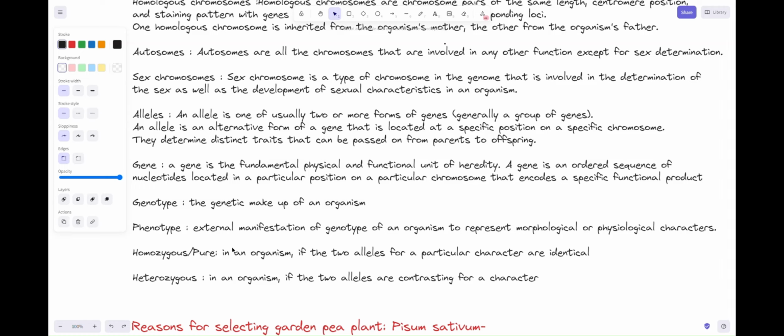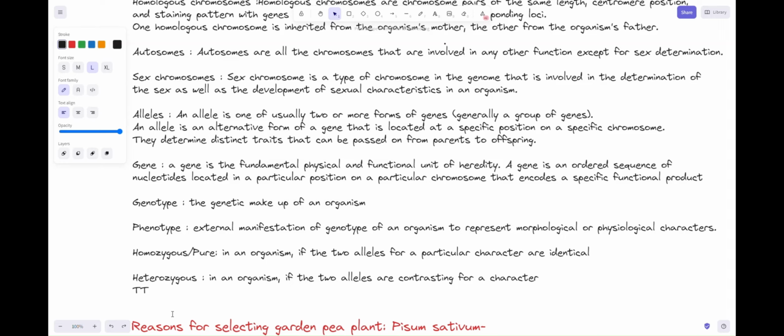Next, moving on to homozygous and heterozygous conditions. Now homozygous condition means the same allele pair is present. Same allele pair will be present. For example, if I write capital T and capital T, it is homozygous condition.